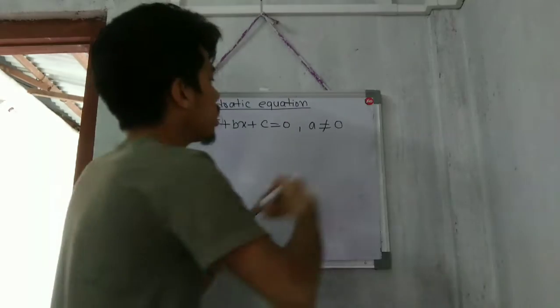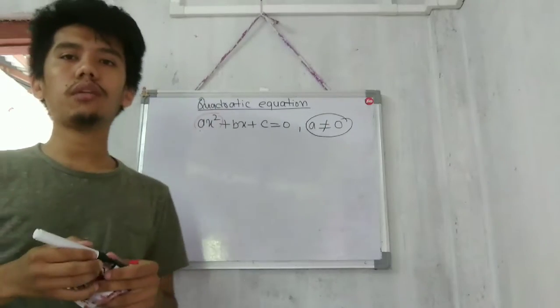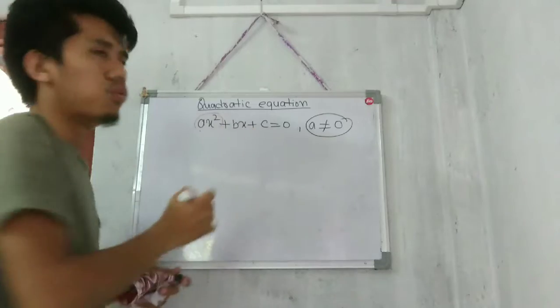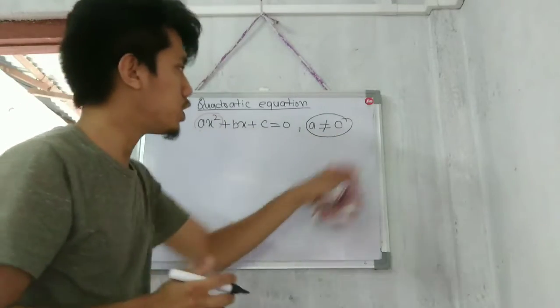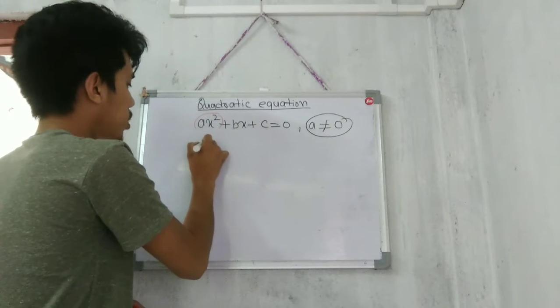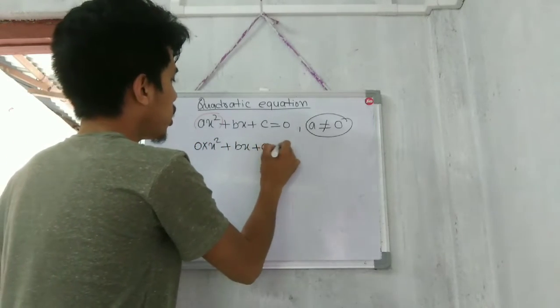Now what does this part mean? a must not be equal to 0, because if we allow a to be 0, let me put the value of a here. So a means 0, 0 times x square plus bx plus c equal to 0.